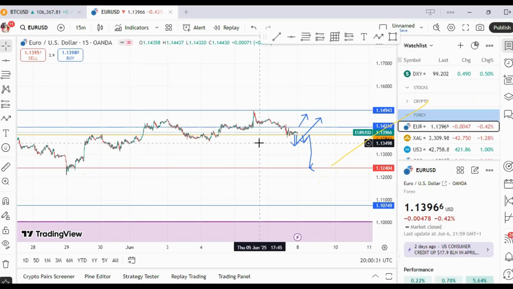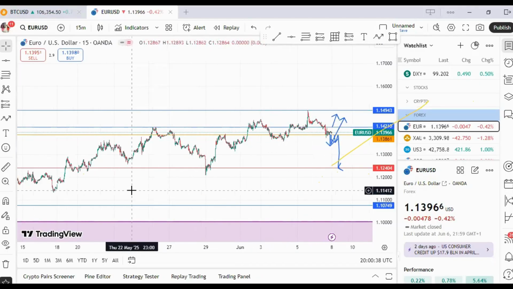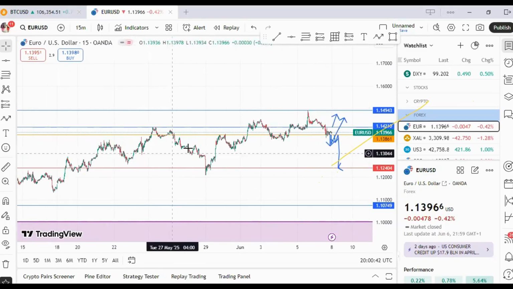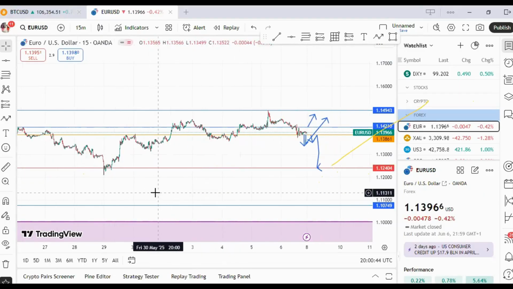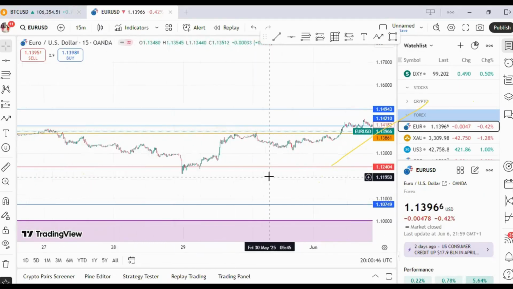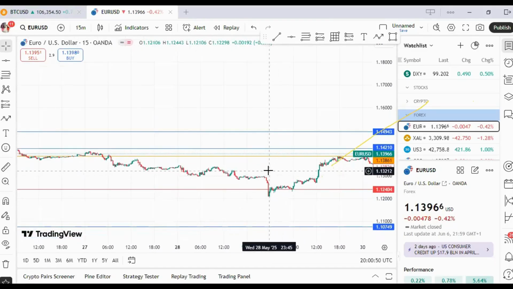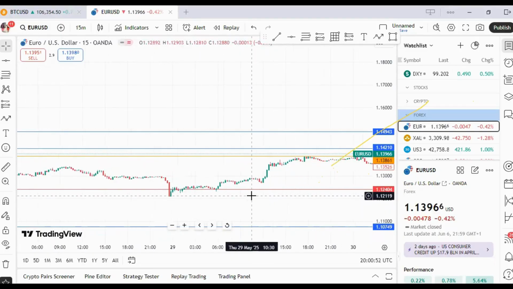Okay, I should elaborate more on the false breakout. Okay, let me show you. False breakout. Now, I showed you an example here. You can see this candle. It broke. That's why I say always wait for a break and retest.